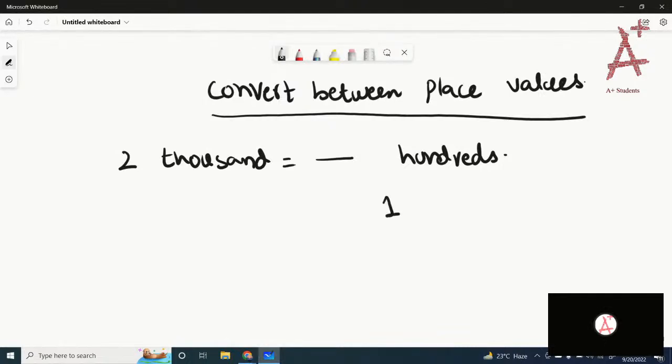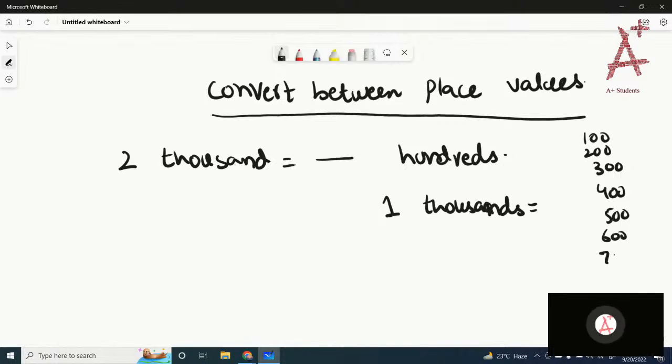Let's count the hundreds in thousand. 100, 200, 300, 400, 500, 600, 700, 800, 900, and 1000.